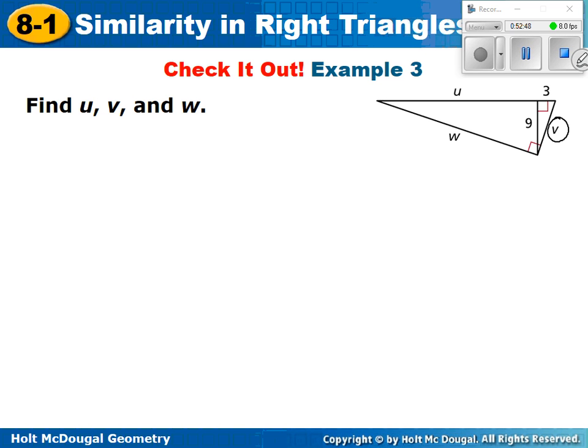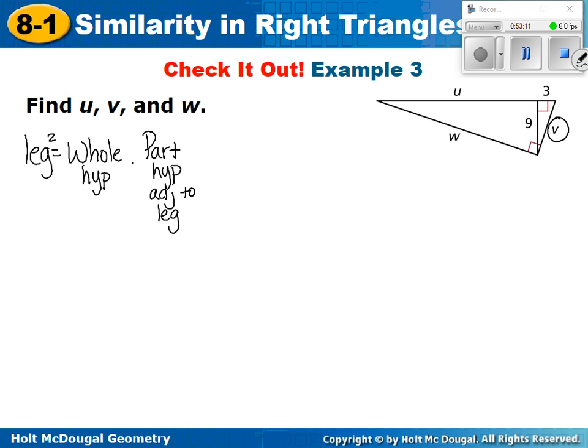A leg. So in our shortcut, let's go with Vasai. What is our shortcut about the leg? Very good. And it's the part of the hypotenuse that is touching the leg, right?